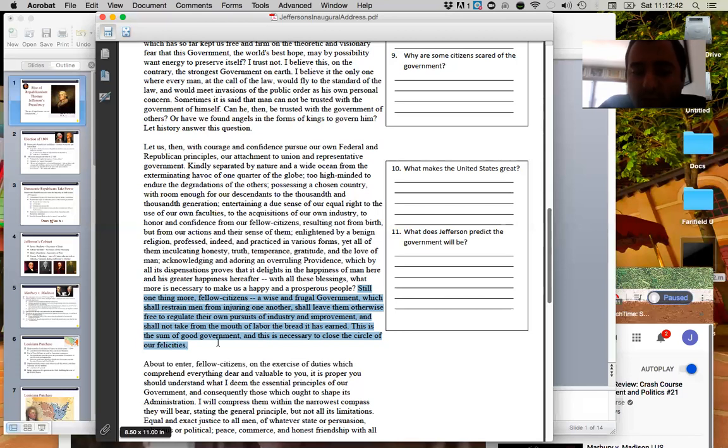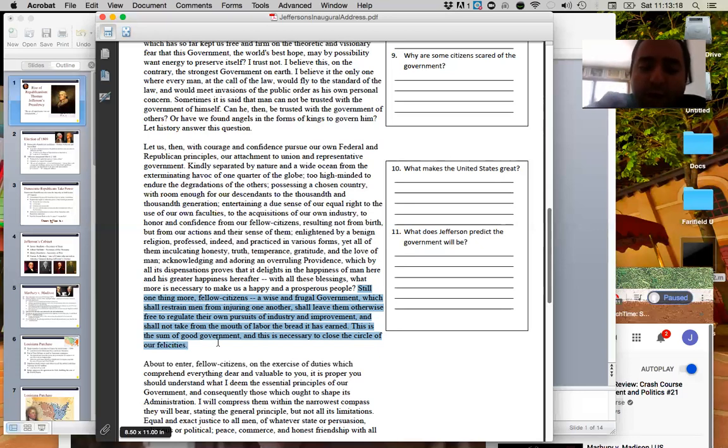So, this is what he believes. He predicts the government, or he wants that government to be wise and frugal. He wants the government to restrain men from injuring one another. He wants to avoid any type of civil war, any type of break between a nation, because that would not lead the United States in the right direction, because it wouldn't be united.